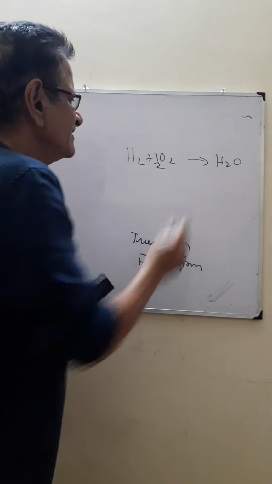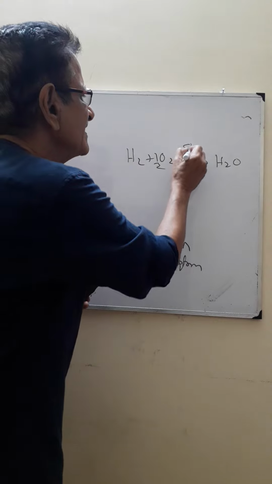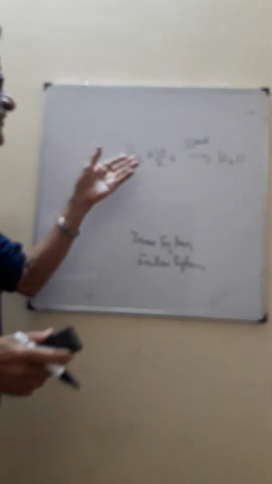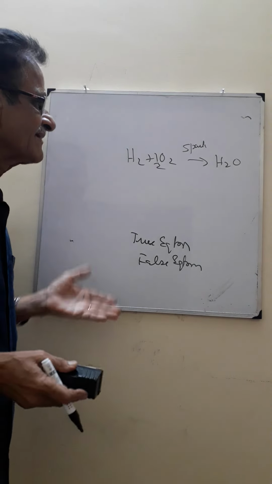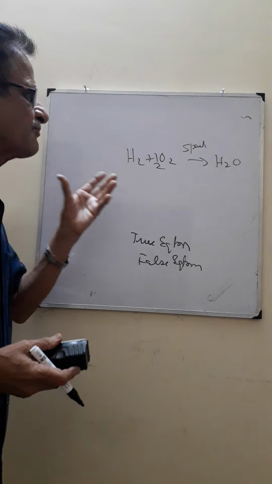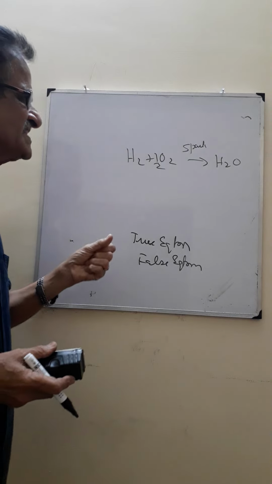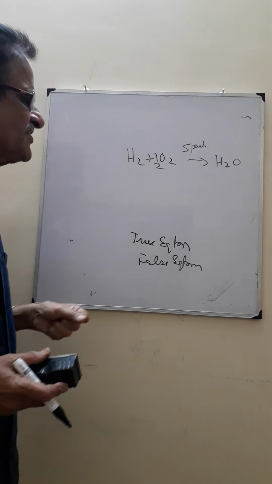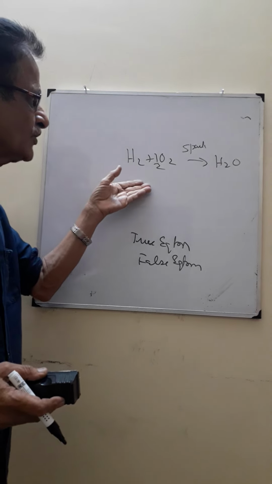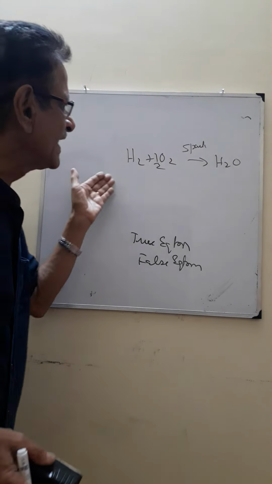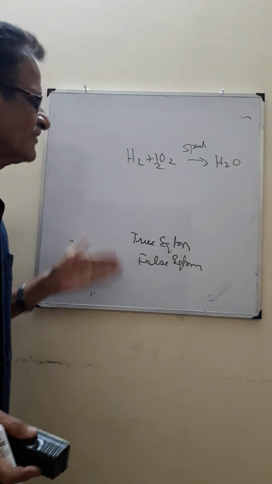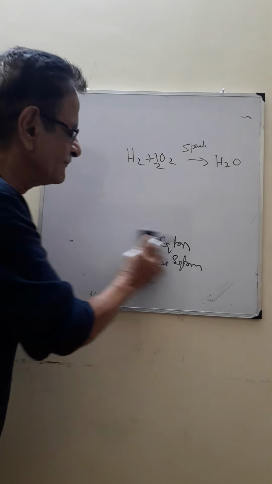Normally, they don't react. But if you put in an electric spark, water is formed immediately. Initially nothing is happening, so it's under false equilibrium. We give a spark, producing some energy to initiate the reaction. Though it looks like equilibrium, the equilibrium is disturbed and hydrogen and oxygen give water. This is a case of false equilibrium.